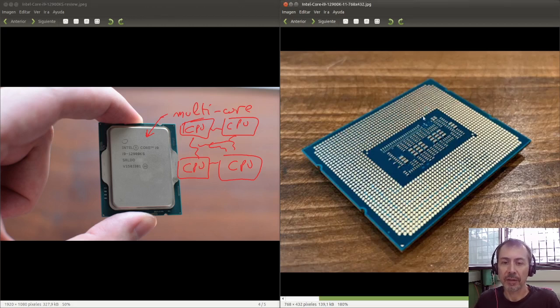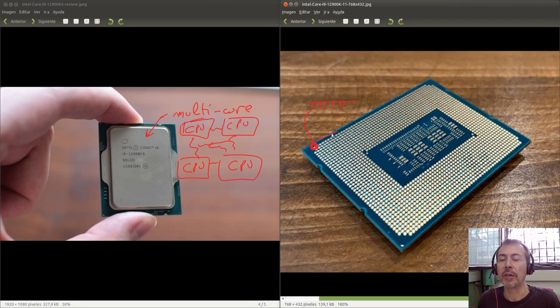Another important thing here is the physical connectors of the chip. Each model of CPU has a different kind of connector. In this case, the chip has little pins here, and the motherboard, we will talk about the motherboard in a later video, has some connectors that fit into the holes, so the motherboard can communicate with the chip.